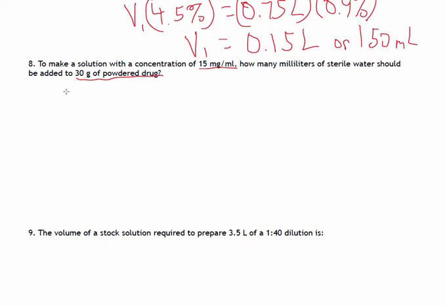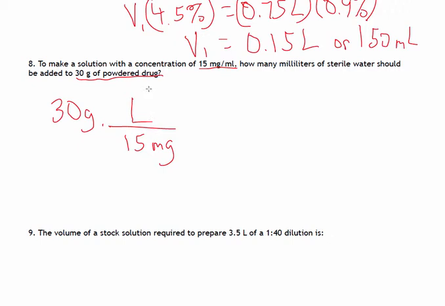So let's take our 30 grams of drug, and we're going to multiply that times the concentration that you need to make, which is 15 milligrams per milliliter.